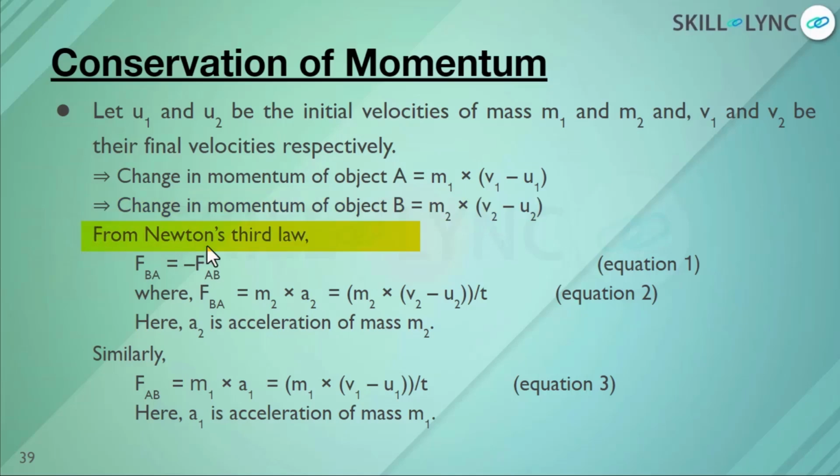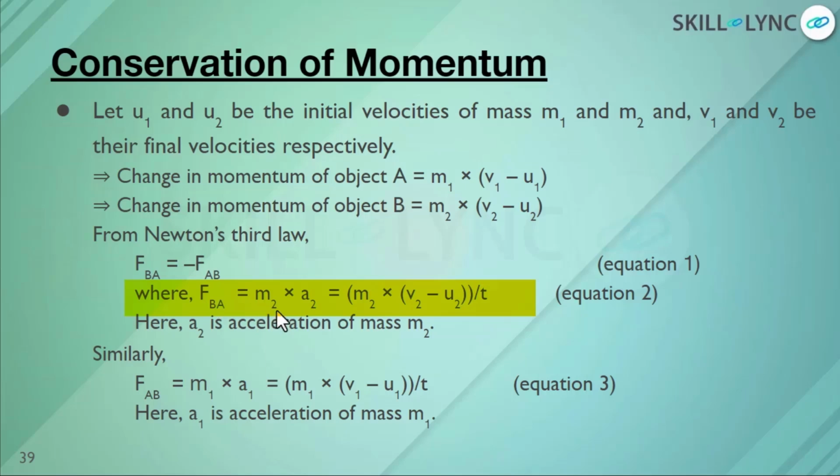As per Newton's third law of motion, it can be written as FBA is equal to minus FAB. That is, mathematically, Newton's third law says the force applied by object B on object A is equal to the negative of the force applied by object A on object B, where FBA can be written as m2 into a2. We have read this previously also.